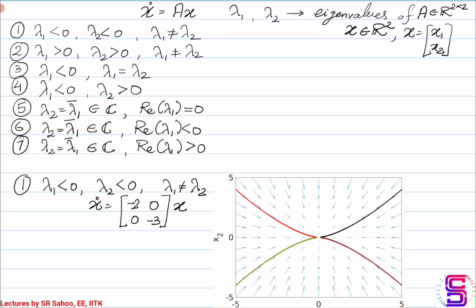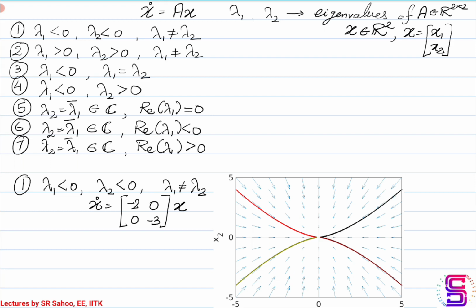The third case is they are real, equal to each other, and negative. Whatever we see for the third case, you can figure out what would happen when the eigenvalues are positive and equal. The next case is when both of them are real, but one of them is negative and the other one is positive.